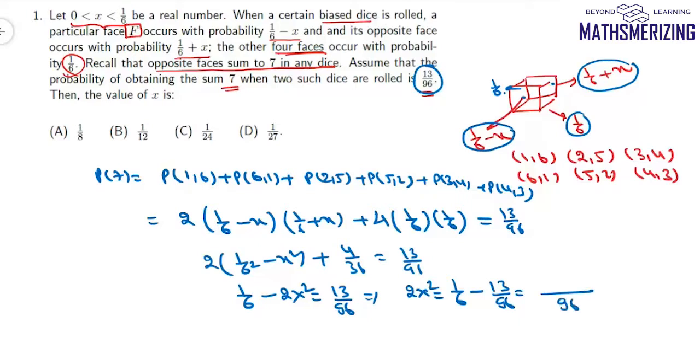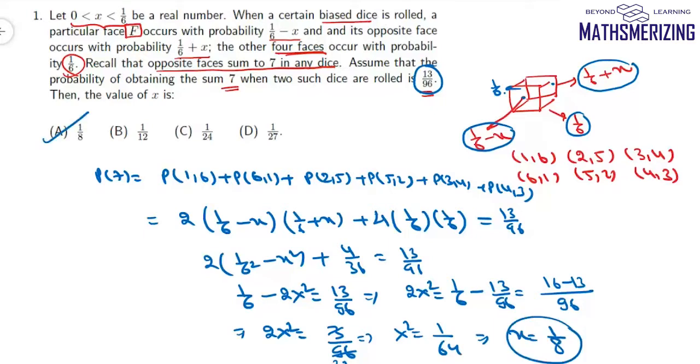So it will be 96, and then this is 16 minus 13. So I'll write it as 2x square equals 3 upon 96, which is x square equals 1 by 64. So this value of x should be 1 by 8. That's your option number A.